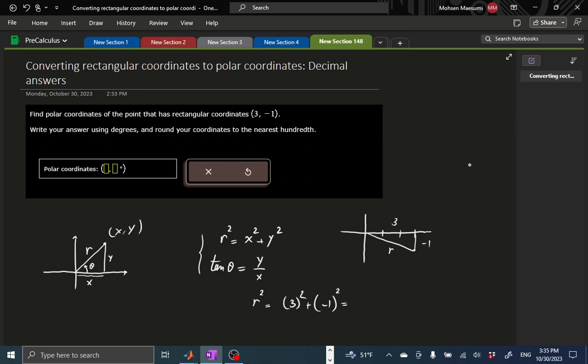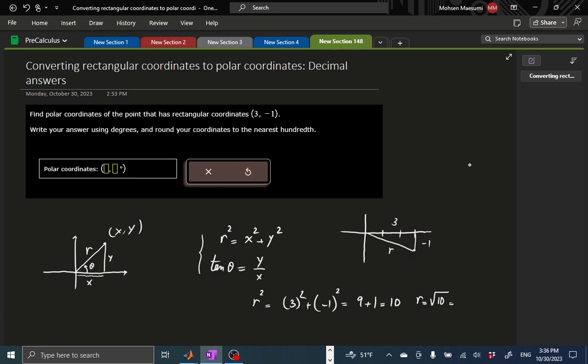So 9 and 1 will be 10. That's r squared, and the positive root is typically required, so radical 10, and then for radical 10 we go ahead and use our calculator, and the problem shows a calculator to you on the screen.